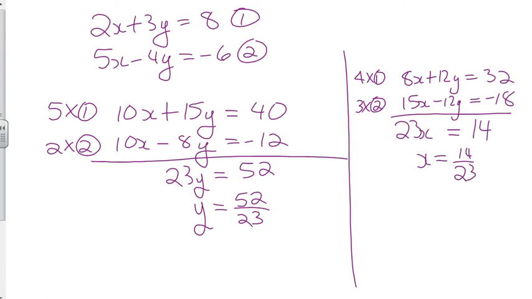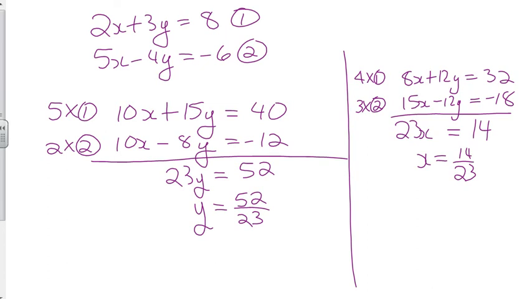Okay. So do I want to check this? Well, this is 28 23rds, and this is 156 23rds. 156 plus 28 is 184 23rds, which I'm willing to bet is 8. And then this is 70 23rds minus 4 times 52 23rds, which is 208 23rds, which is whatever negative 6 is times 23.